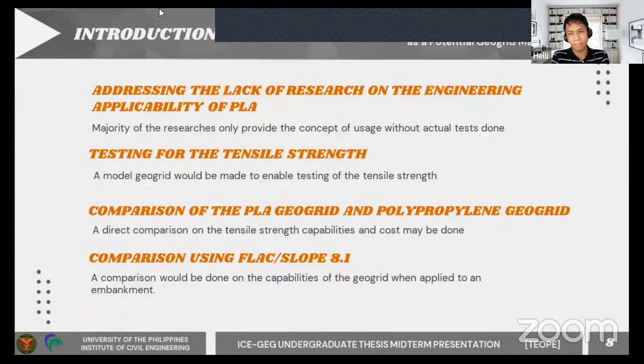Not much research has been done discussing the applications of polylactic acid in engineering, and this research aims to address that by comparing polypropylene and polylactic acid as geogrid materials by directly comparing their properties as geogrids and their reinforcement capabilities when applied to an embankment using the FLAC Slope 8.1 program.